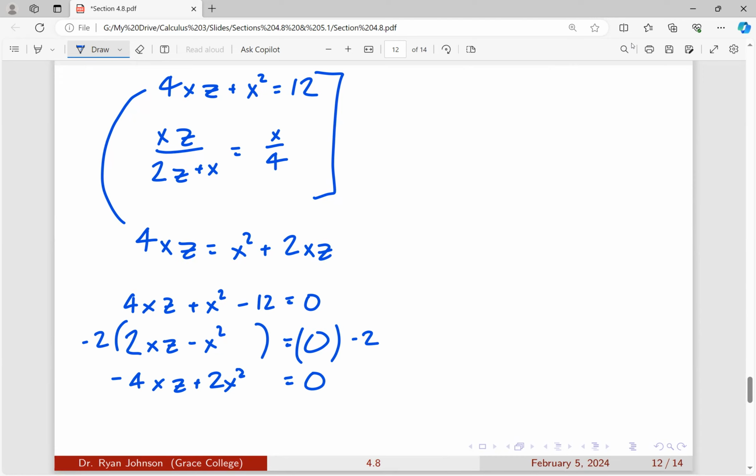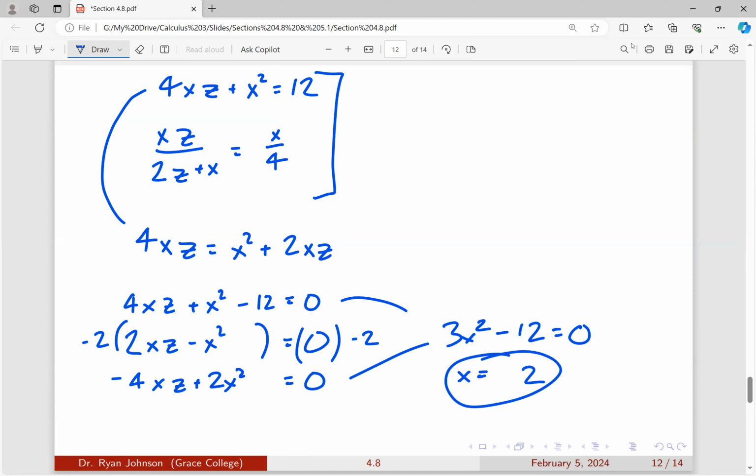So then take these two and add them together, and the 4xz's cancel out, and I get 3x squared minus 12 equals 0. So then x squared is 4. So then x is 2 or -2, but we're measuring things. We can't have a negative measurement. So x is going to be positive 2.